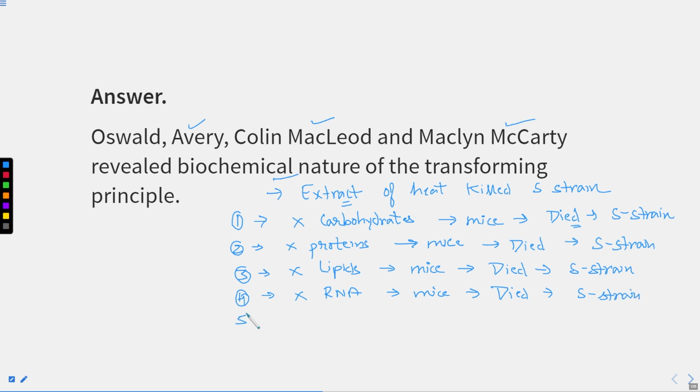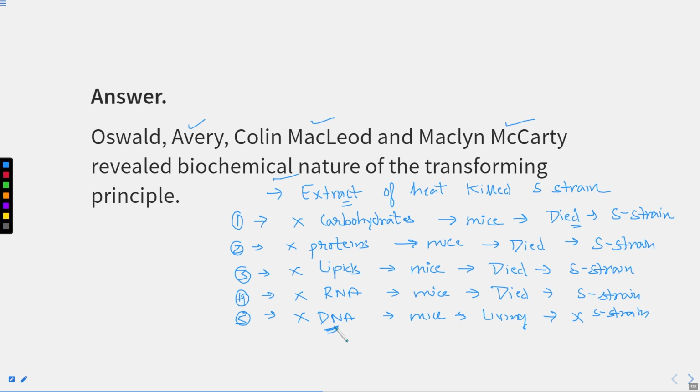In the last experiment, what did they do? They got rid of the DNA. And then what did they observe? The mice lived, and no living virulent bacteria were recovered. So this experiment proved that DNA is the transforming principle.